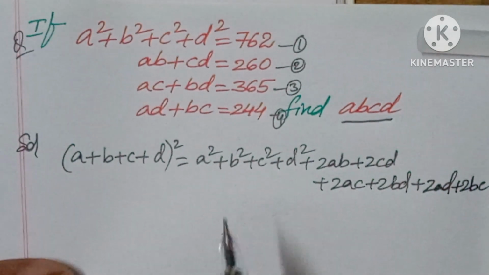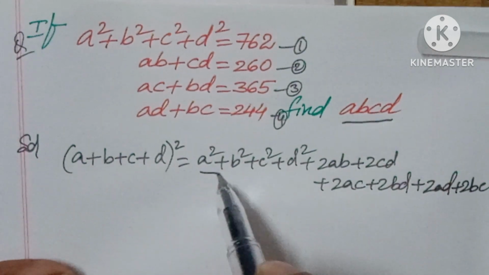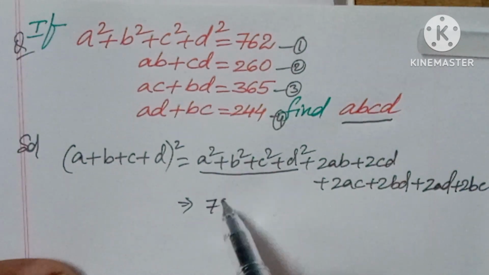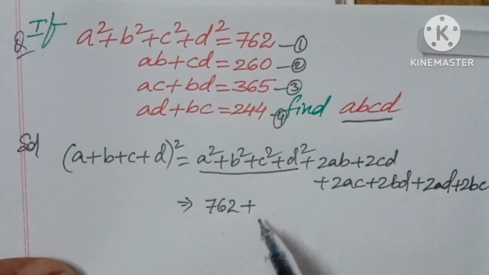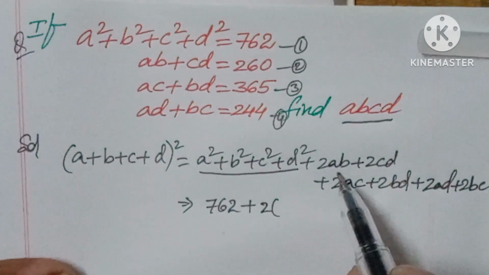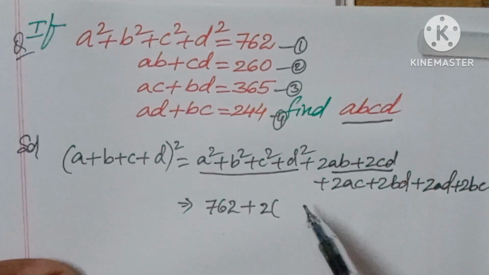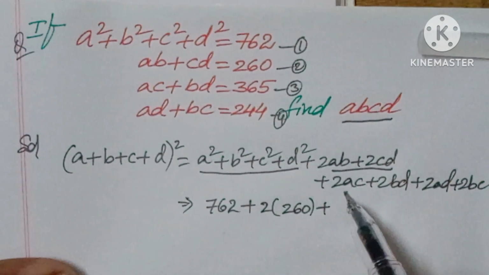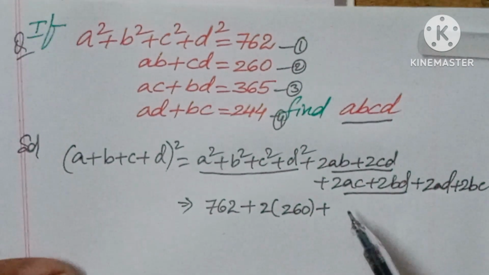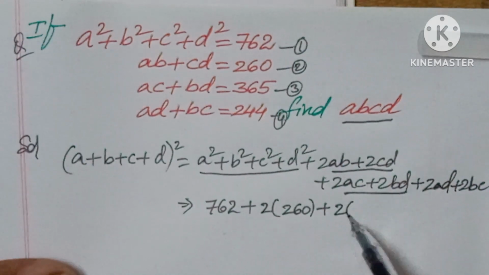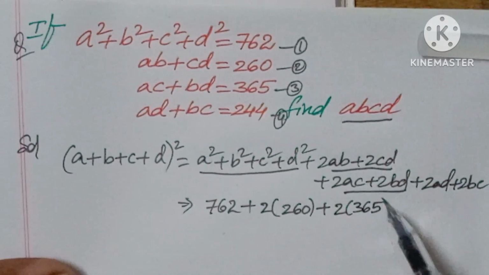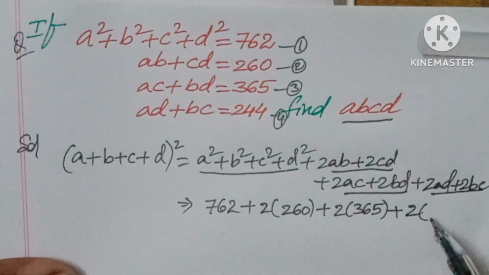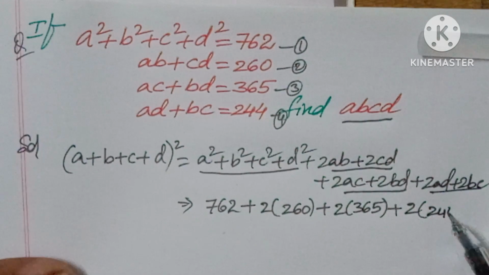So here we know the value of a square plus b square plus c square plus d square: 762, plus 2 into (ab plus cd), whose value is 260, plus 2 into (ac plus bd), whose value is 365, plus 2 into (ad plus bc), whose value is 244.